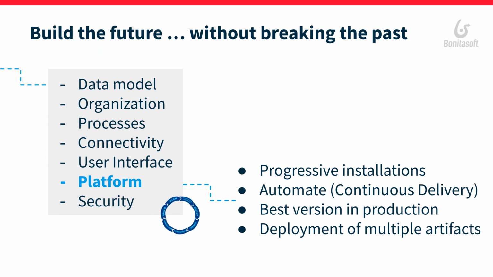And so you can use, for example, Bonita Continuous Delivery, where you have all the tools from collaboration till delivery automation. And then as you have to deploy multiple artifacts, make sure that your platform is configured to give you the ability to do that and to be flexible.